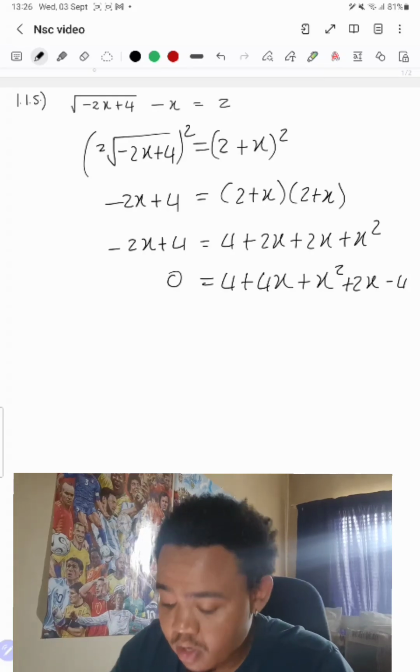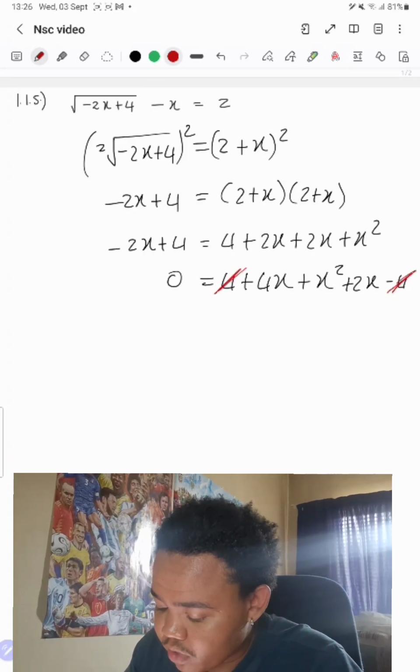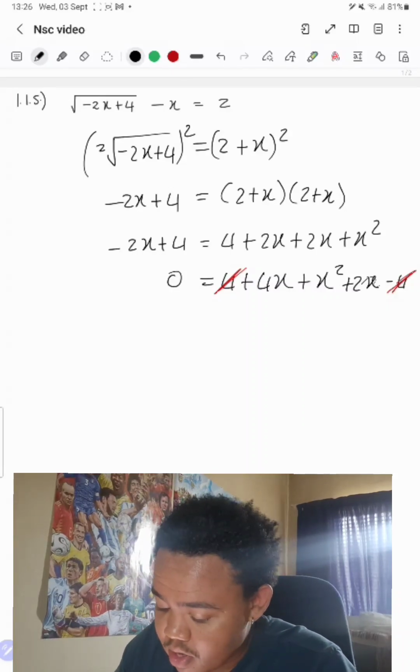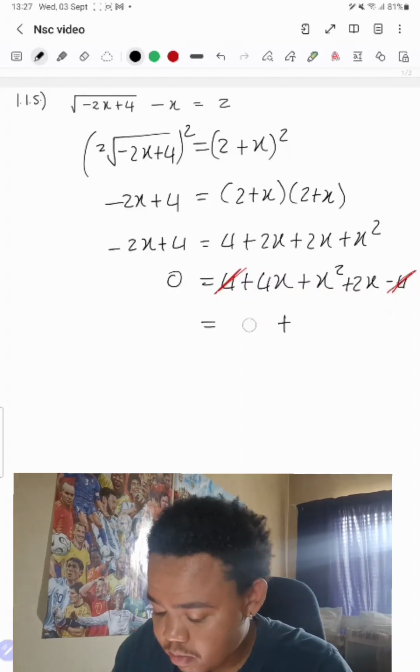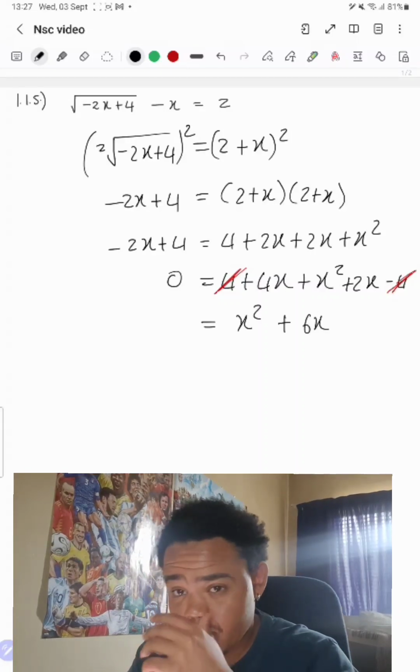Now you will see that this 4 and that 4 will cancel out, because 4 minus 4 is basically 0. And then 4x plus 2x will give you 6x plus x squared. Just write this in the correct format, x squared and the 6x.